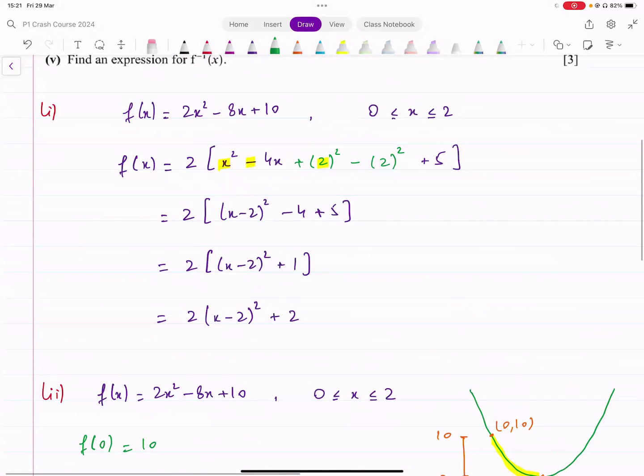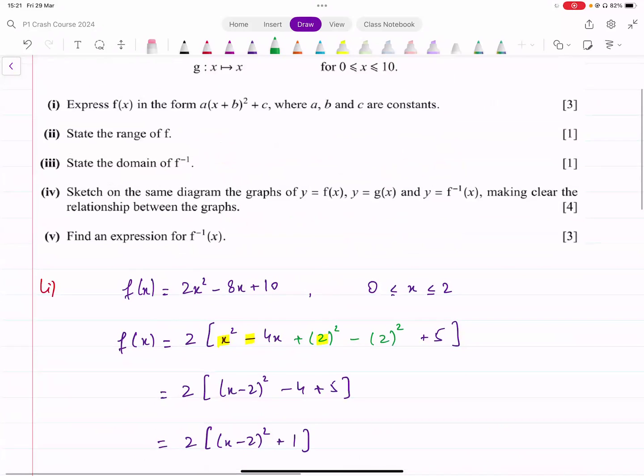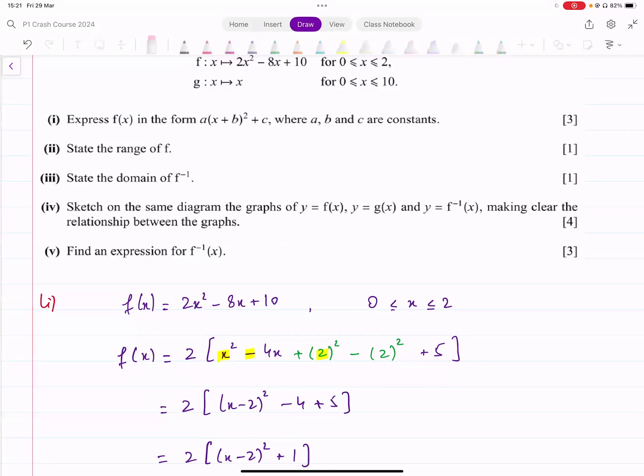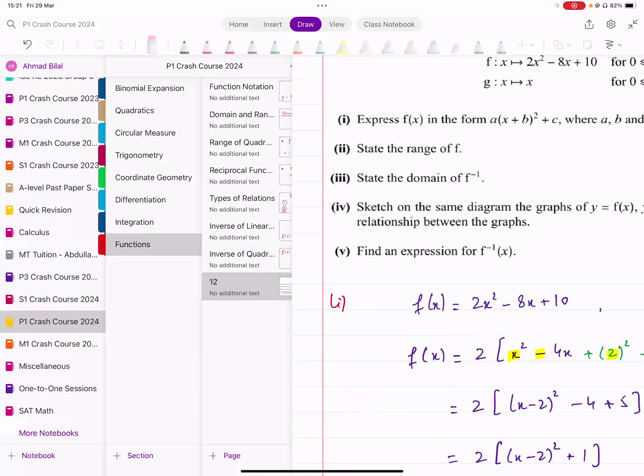You found f inverse of x here already. Where was that? Have we found f inverse? No, we haven't found it. So we're actually asked to find f inverse in the last part. So we don't have f inverse yet, and we are asked to sketch the graph of f inverse before we actually have to find the function for f inverse. Now, how can we do that? We don't even know the function. How can you sketch the graph? Remember what we discussed in the last session?